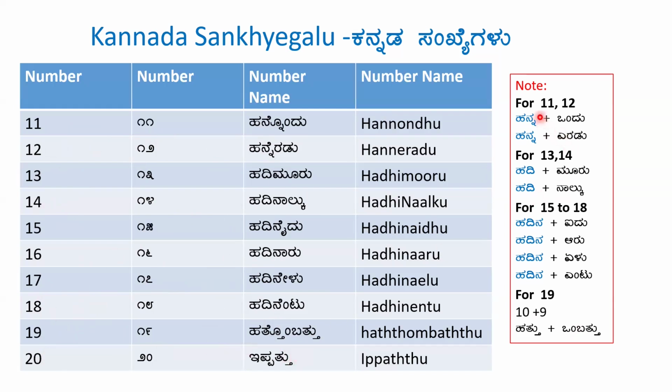If you remember this trick of remembering the prefix used for each of these numbers, then 11 to 20 will be very easy to remember.